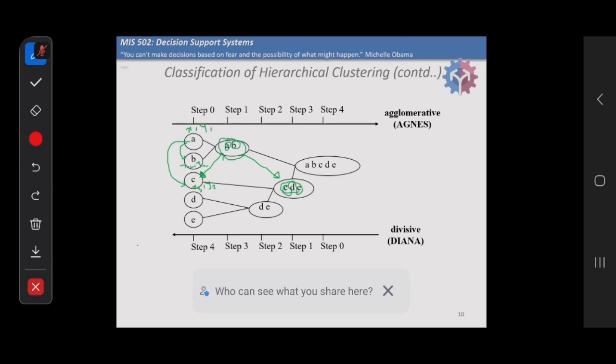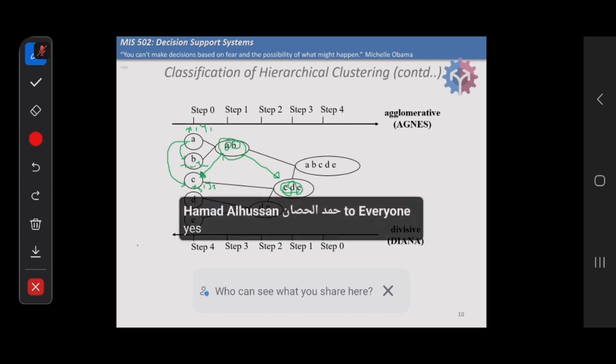Everyone in the chat box, please. Yes, I face a problem understanding that finding the distance is not the same as the Euclidean distance and the Manhattan distance, right? Chat box, please. I need to see whether you're following me.